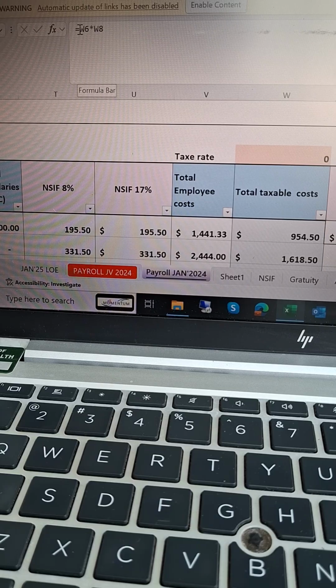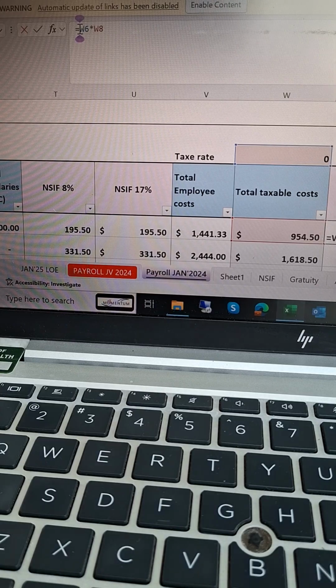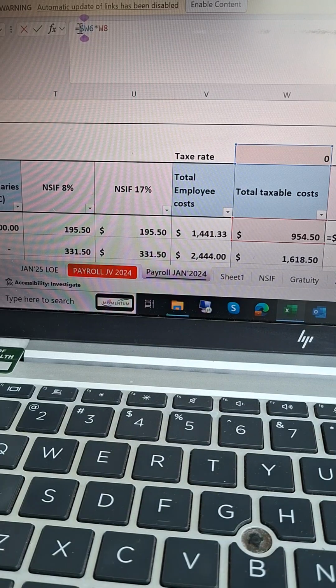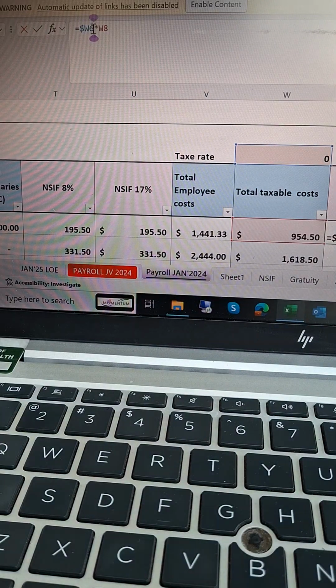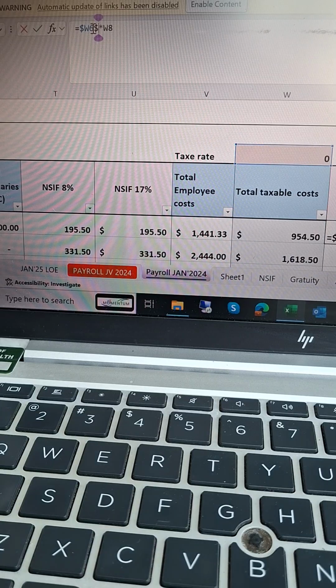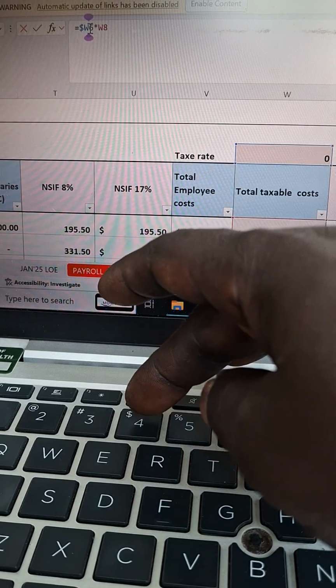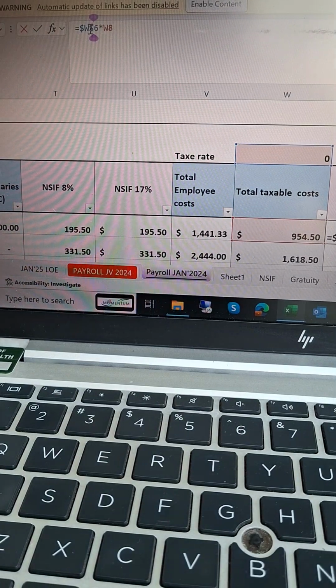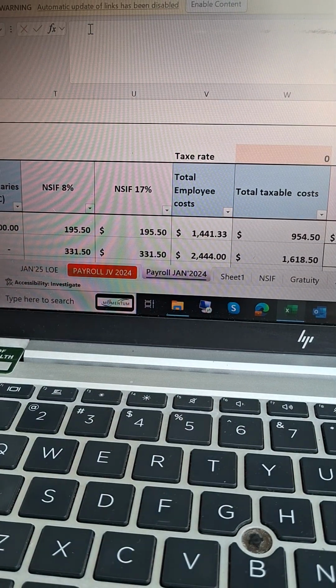By referencing, you click before W, then you put a dollar sign. I put a dollar sign here, and also before the figure 6. I put the dollar sign before, not after. For referencing, you have to put the dollar sign before the letter and before the figure.